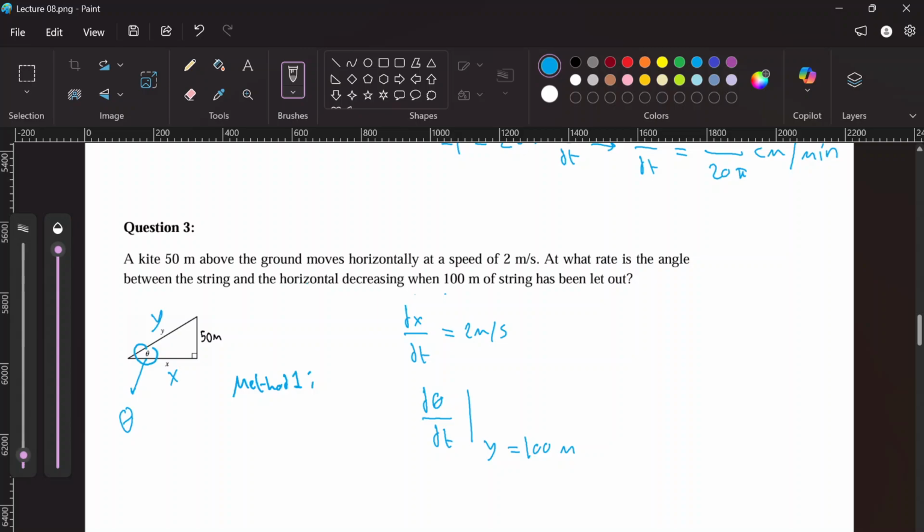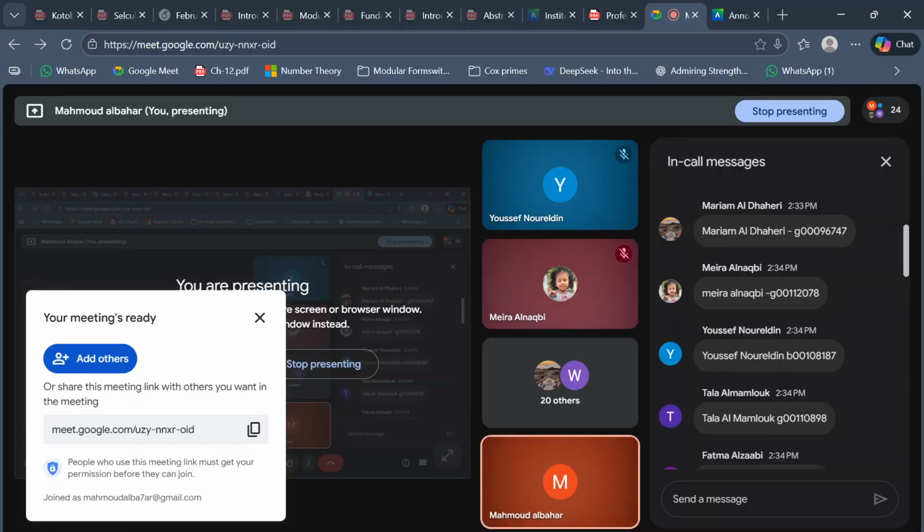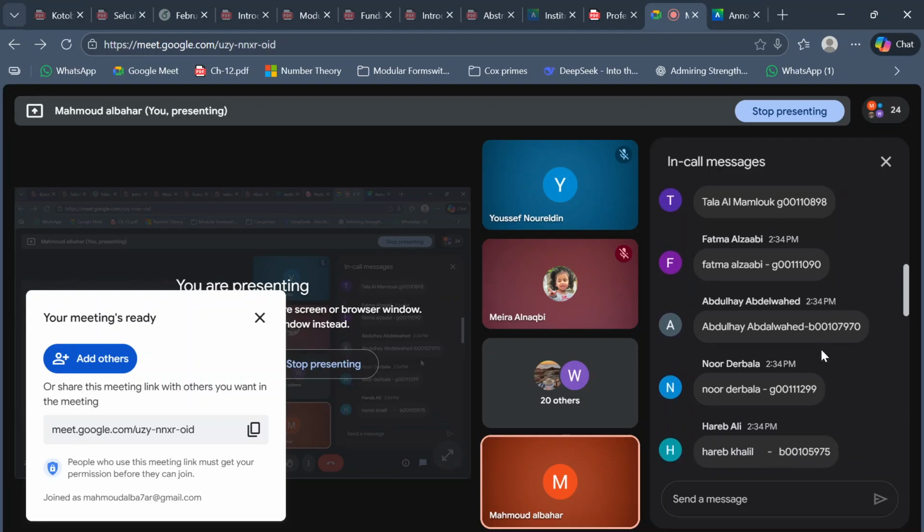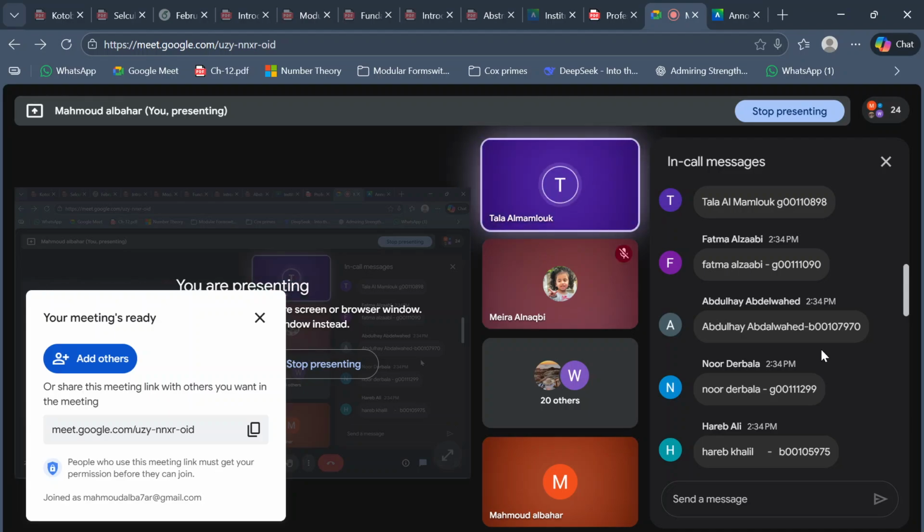Now, what's a good formula for this? To connect this data, to connect x and theta. What do you think? Do you have an idea about this? Professor, is it Pythagoras theorem?